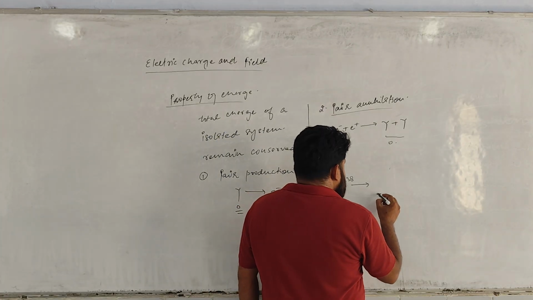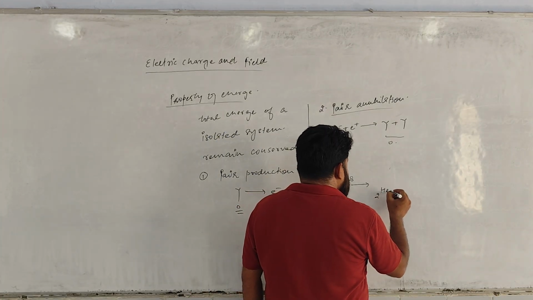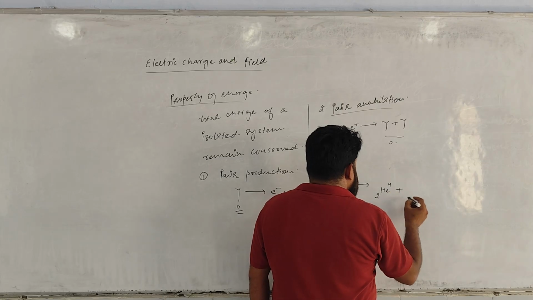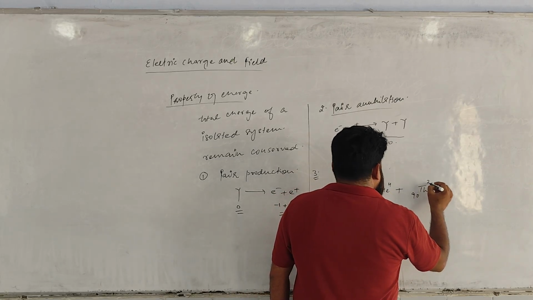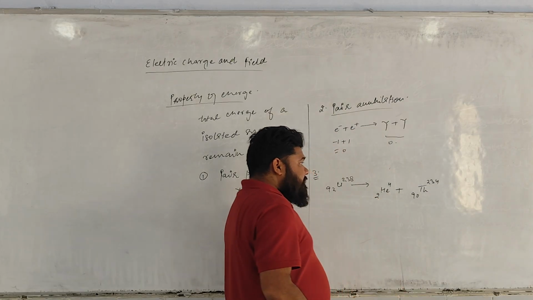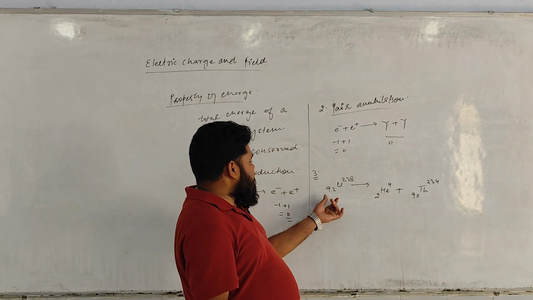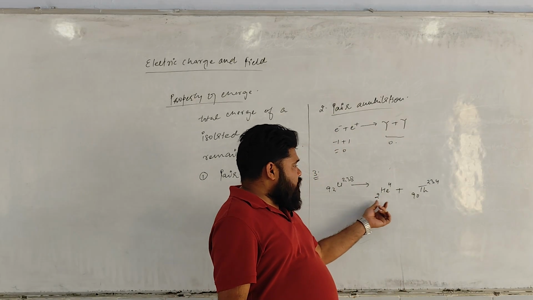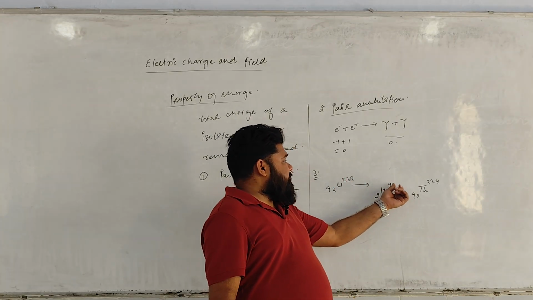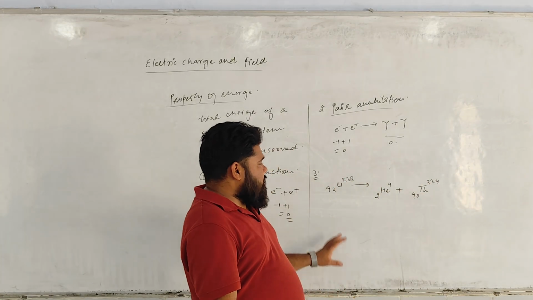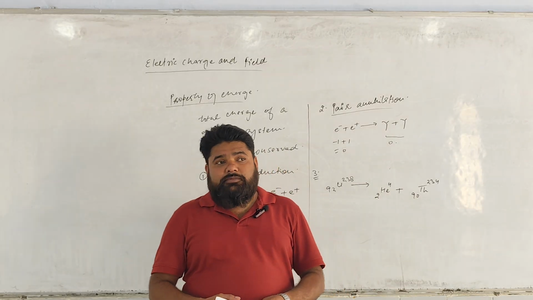So it converts into 2He4, that is the one alpha particle, plus it converts into 90 thorium 234. And when we count the charge, before reaction that is 92, after reaction 2 plus 90, 92. Similarly 238, 4 plus 234, 238. So here also it follows the conservation of charge.